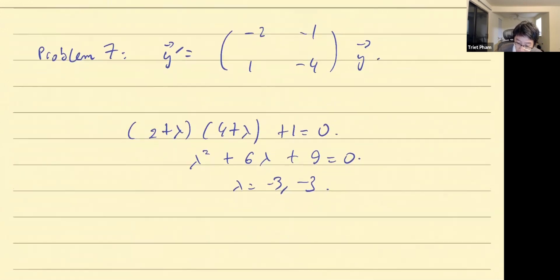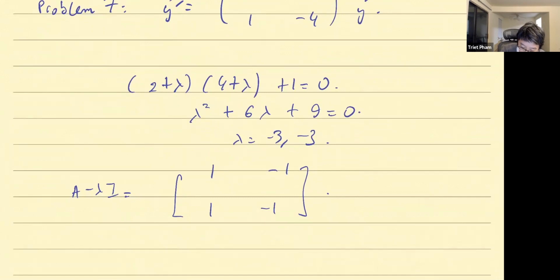So lambda equals minus 3, repeating. So A minus lambda I is equal to the matrix 1, minus 1, 1, minus 1. Guess what K is in here? K equals 2. A minus lambda I squared is equal to 0. Can you see that?